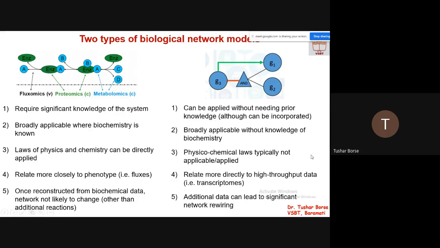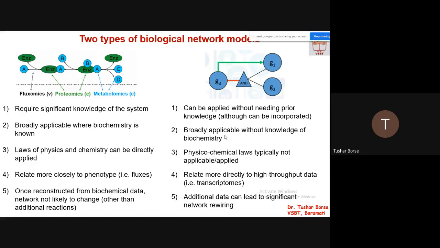On the other hand, if you look at this statistical network which you see here, I'm not going to explain how this network is developed, but we are just trying to see how these networks are developed and what kind of information you can get. For the development of this statistical network, you do not require complete information of the system.